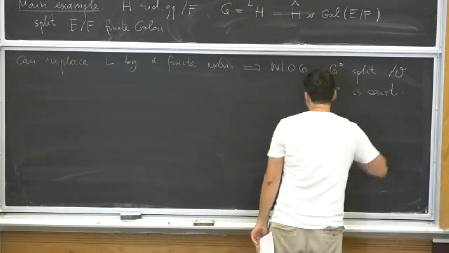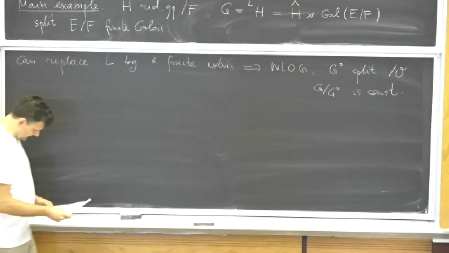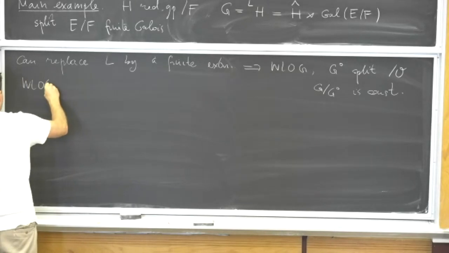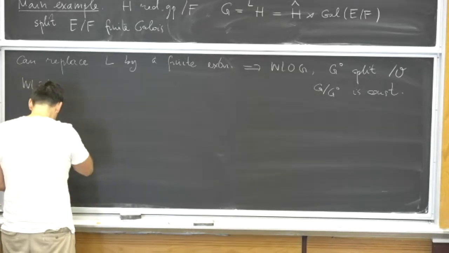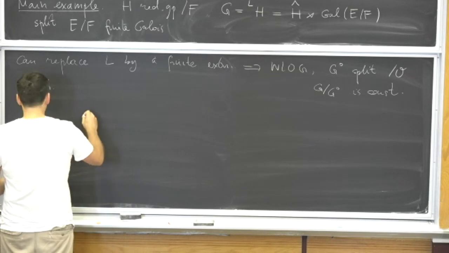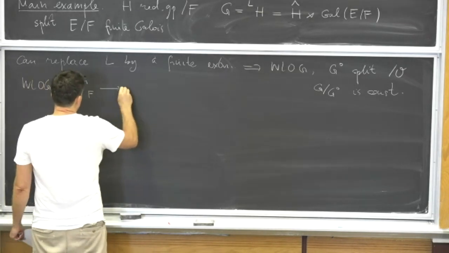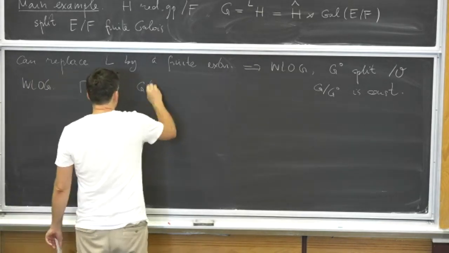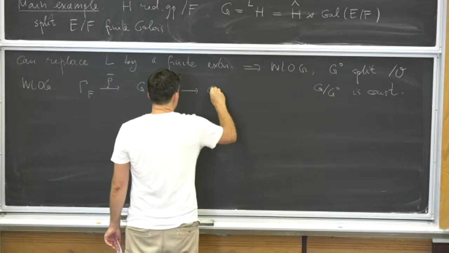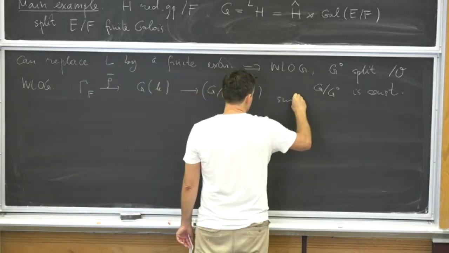And then there's a further trick which I alluded to. This composition, Gamma_K to G modulo the component group, is surjective.